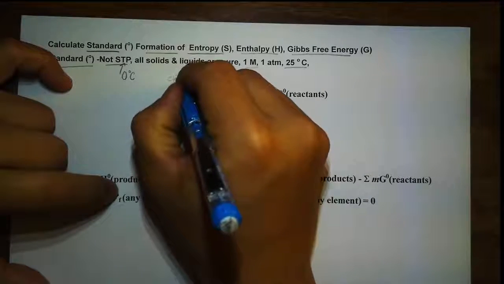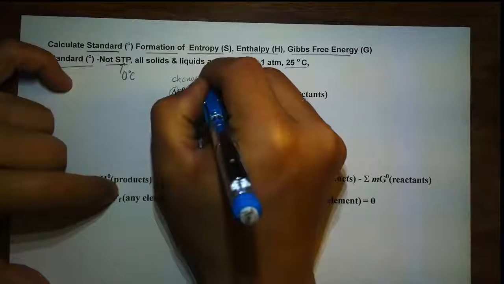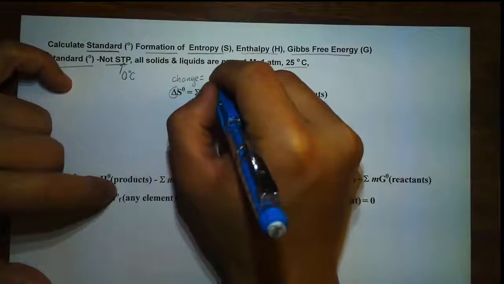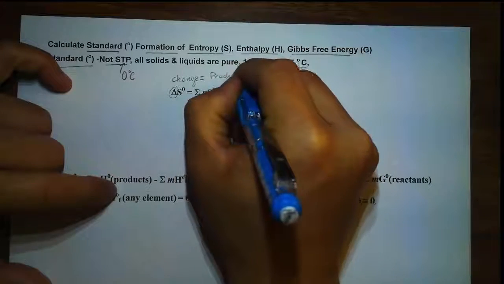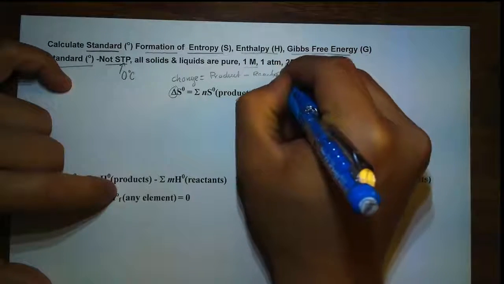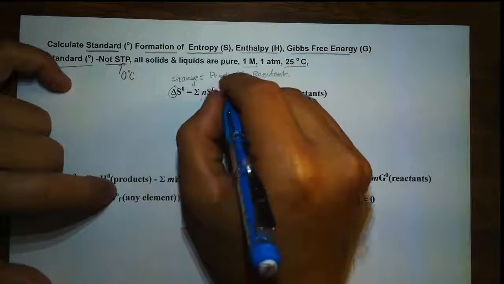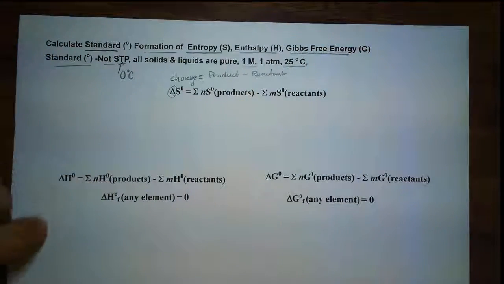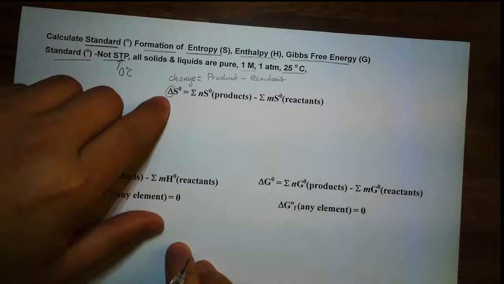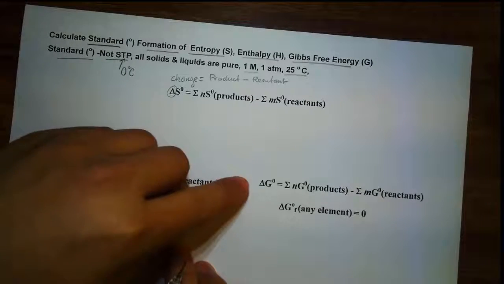So what does change mean? In a chemical reaction, change always refers to product minus reactant, or we can think of final minus initial. So all of them are looking for the changes in terms of delta S, delta H, and delta G.